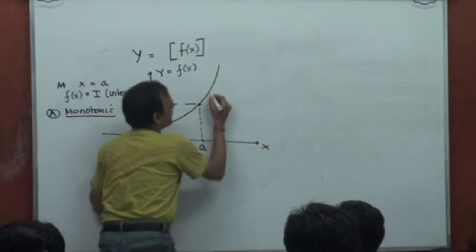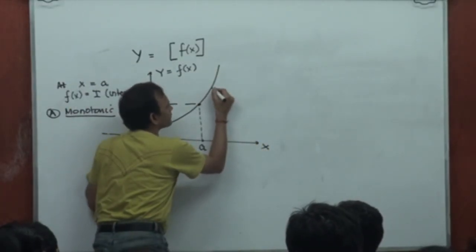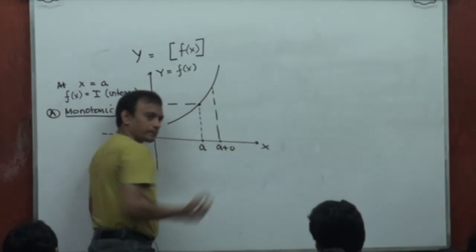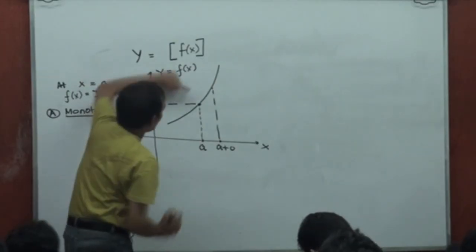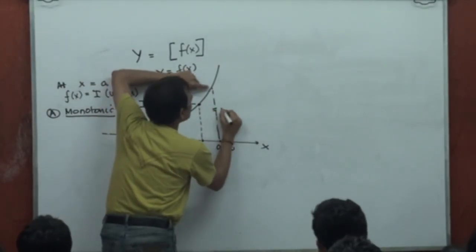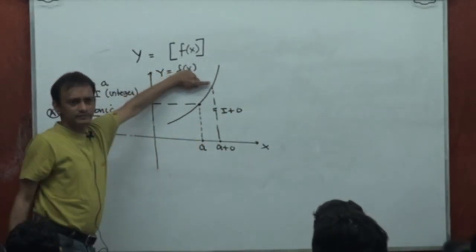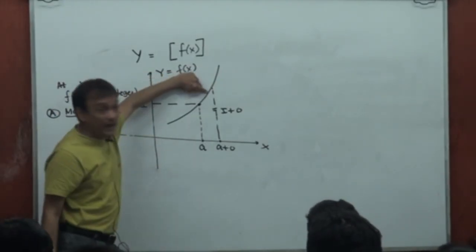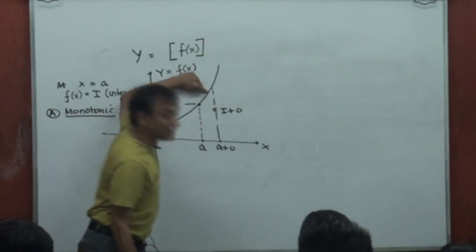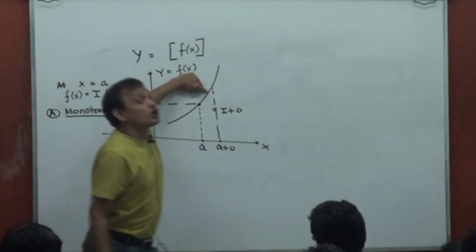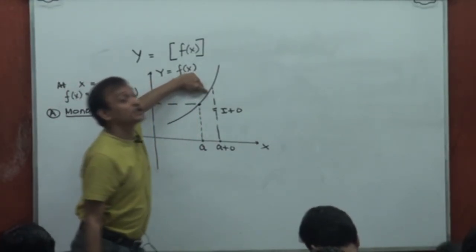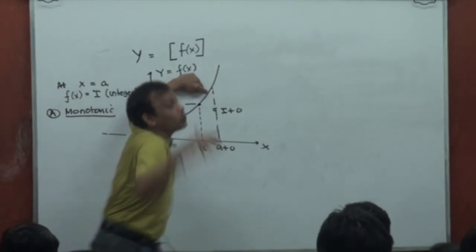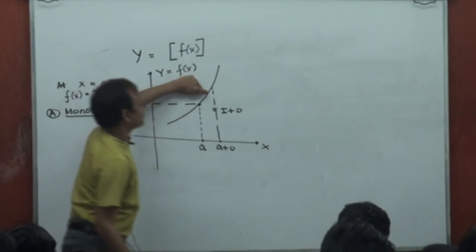When x is slightly greater than a, realize that fx is slightly greater than I to the right of x equal to a. So box of fx to the right of x equal to a would be identically equal to I, right?